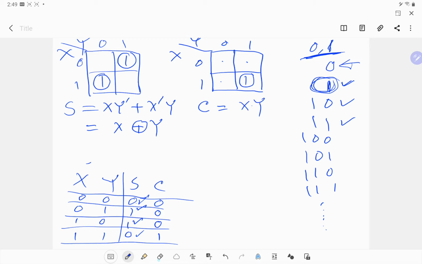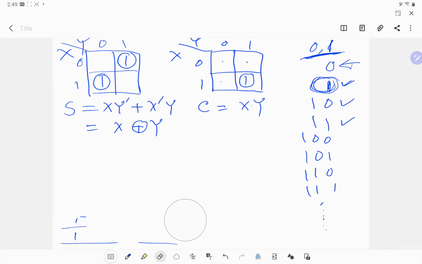Now let's draw the circuit. So we have two inputs and two outputs.